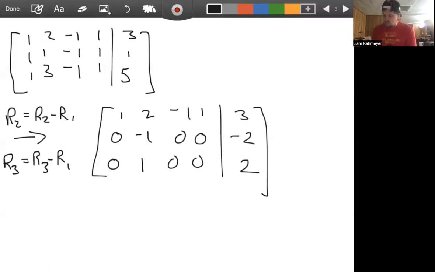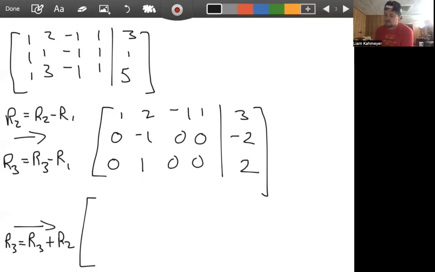Now, if you'll notice, row 2 and row 3 are the same vector, right? The same row vector up to a negative sign. And so for that, our next step here would be to say, let's let row 3 be row 3 plus row 2.